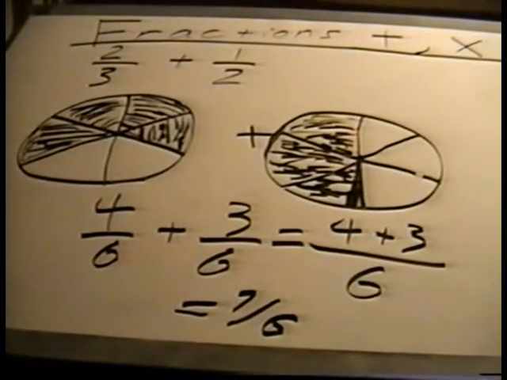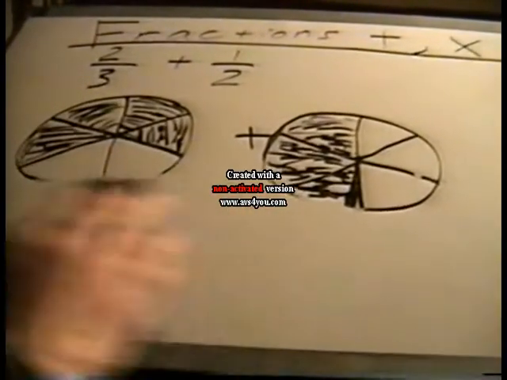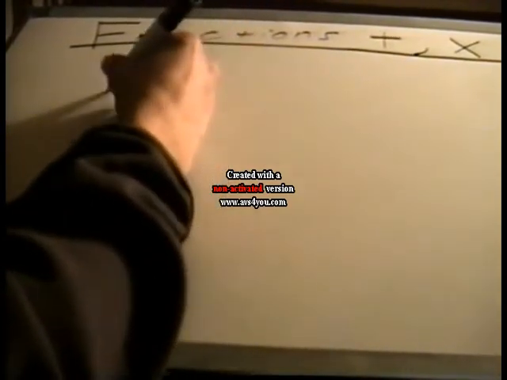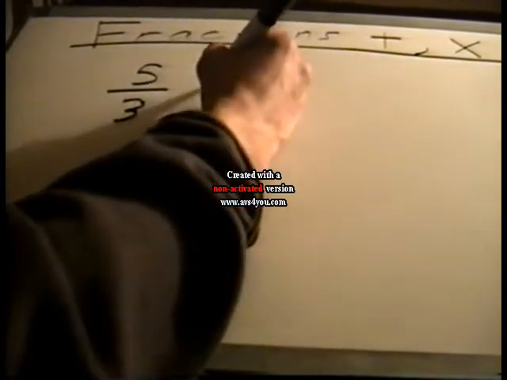We multiply both the denominator and the numerator of 2/3 by the denominator of 1/2, because by doing so, we produce 6, which is the lowest common denominator.